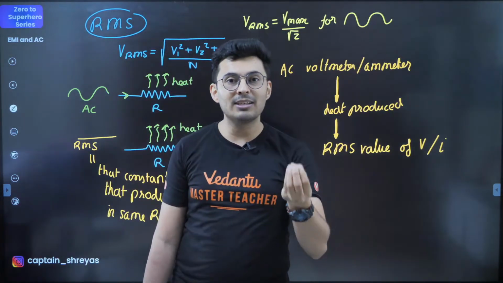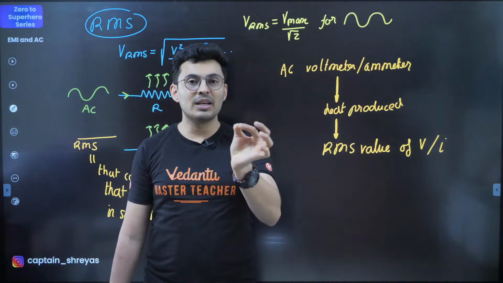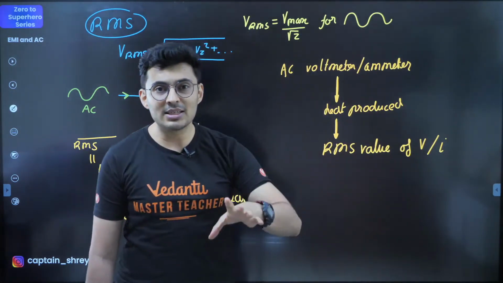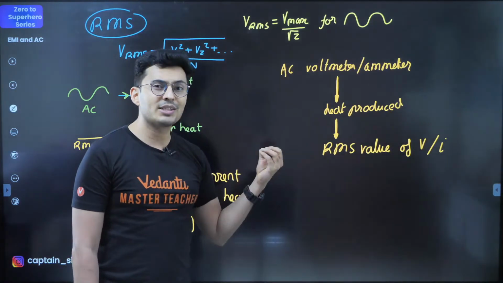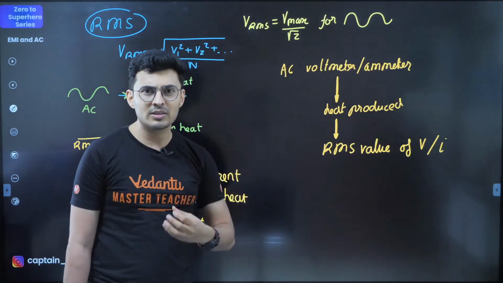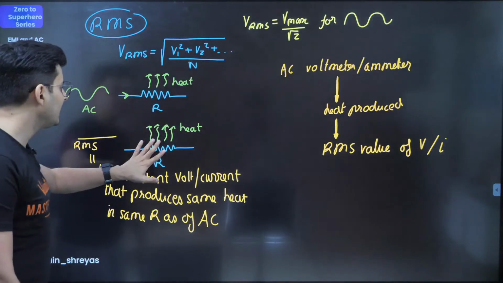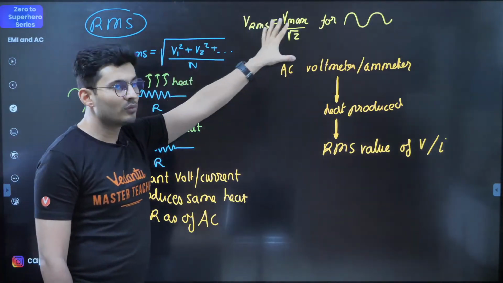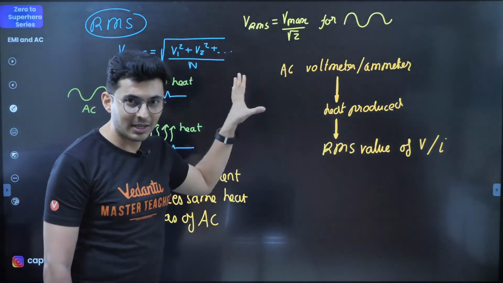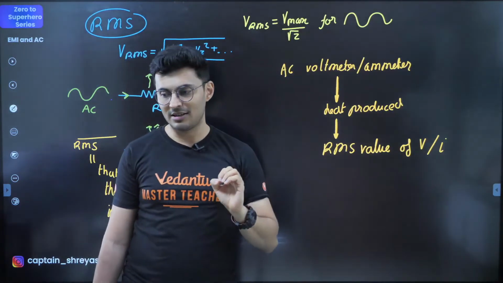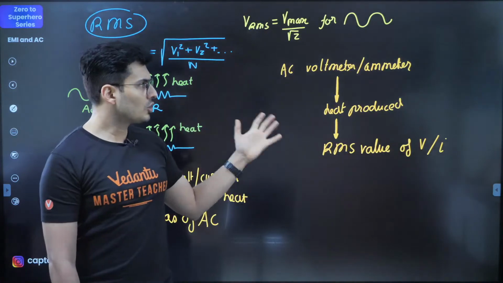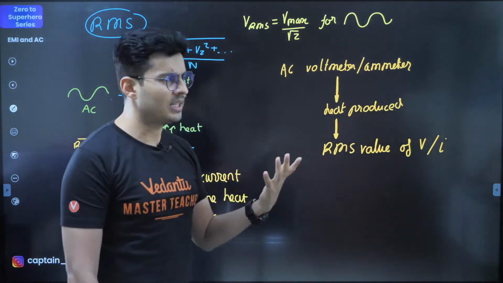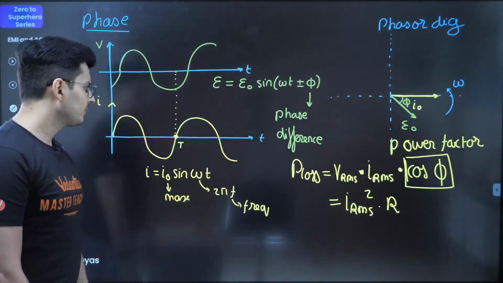I can measure how much heat is created, and based on that heat, I can measure how much current or voltage is there. So these are called hot wire instruments, because you are indirectly measuring the heat to figure out how much voltage or current of AC is in that circuit. Understood, guys? Fair enough. So these are called hot wire instruments for AC.